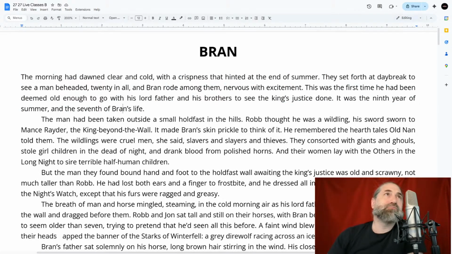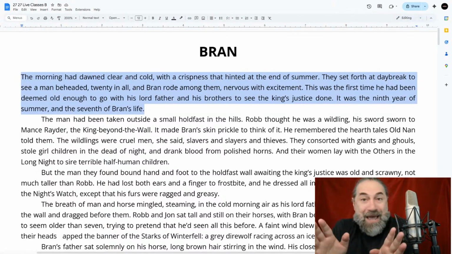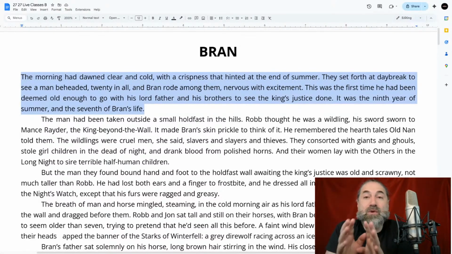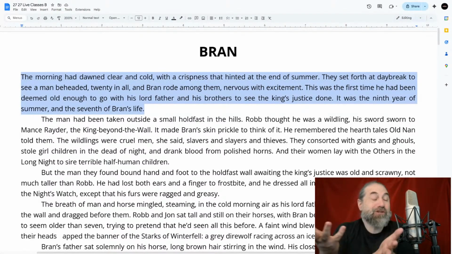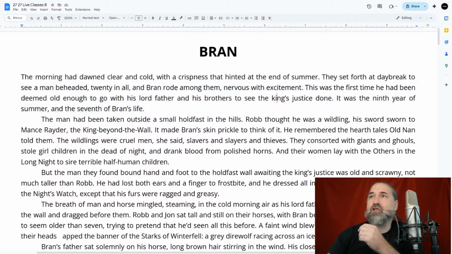All right, so this is setting up context. We as the reader know from this one passage everything we need to know about what's going on. We know this is Bran's POV, so we're firmly in Bran's POV. We understand they are going to handle the king's justice.